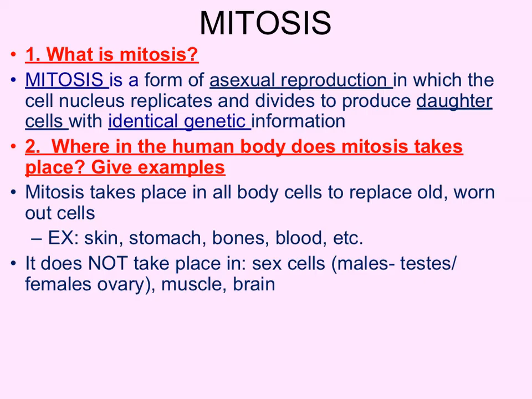All right, so the first type of cell reproduction we're going to talk about is called mitosis. What is it? Well, mitosis, first of all, is asexual. It's an asexual reproduction. That means it does not require two parent organisms in order to reproduce. It can reproduce from a single cell.